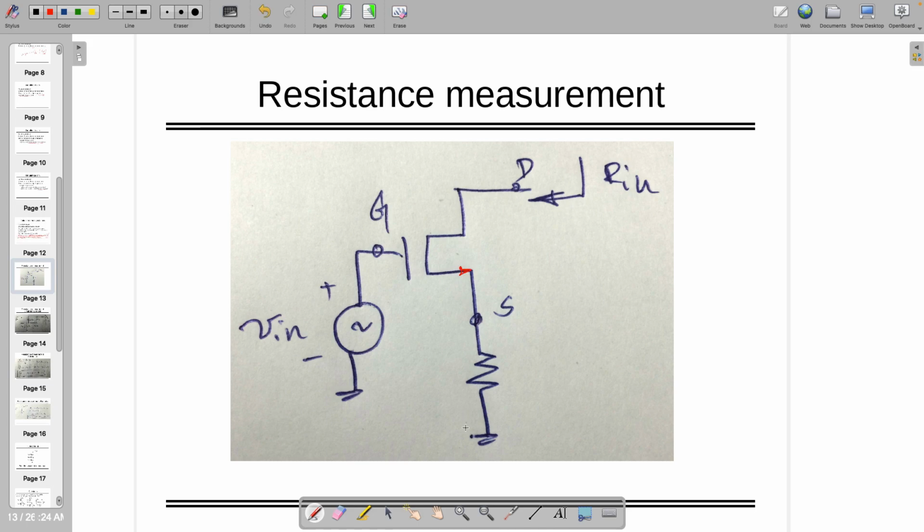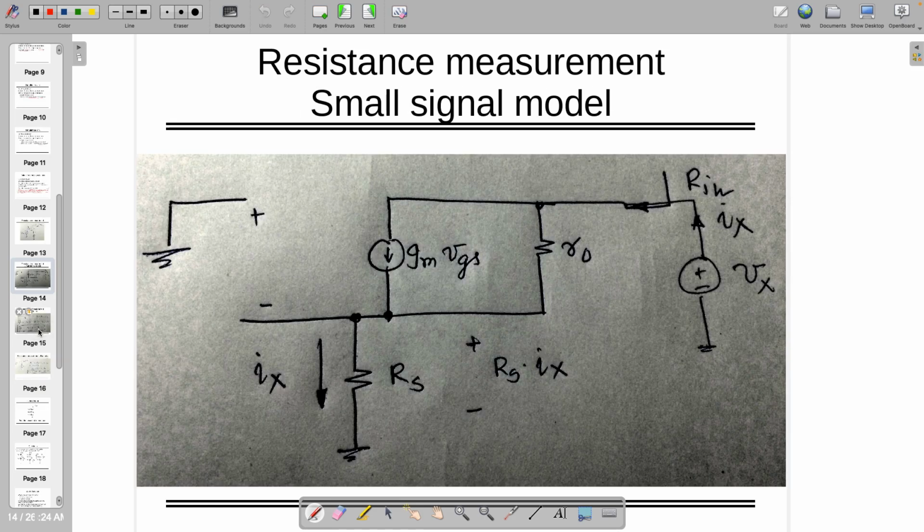Look at this. There is an NMOS, and a resistance whose value might be Rs. Let's assume any value. If you're looking from here, can you find out that value? Now the earlier technique won't work.